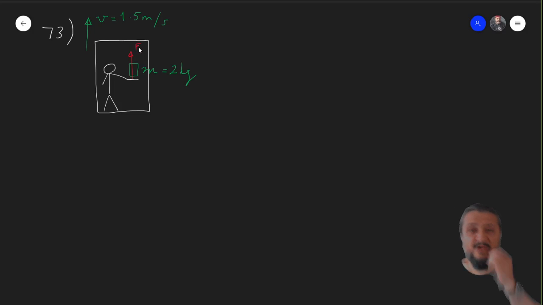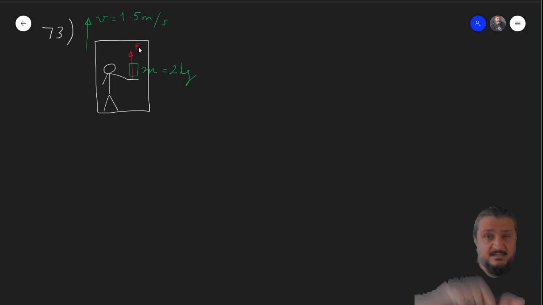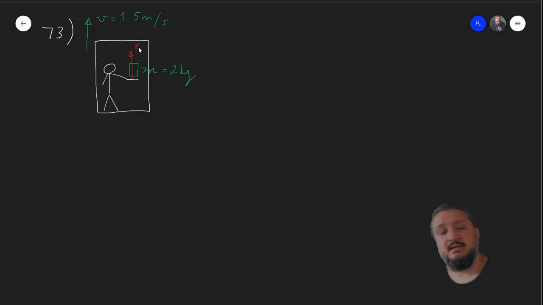Okay, but according to Newton's third law, we know that the force that the object exerts on the hand will be the same, only downward. So from the wording of the problem, this is how I understood it. What is the force on the stone on the man's hand? And we're given a constant velocity.